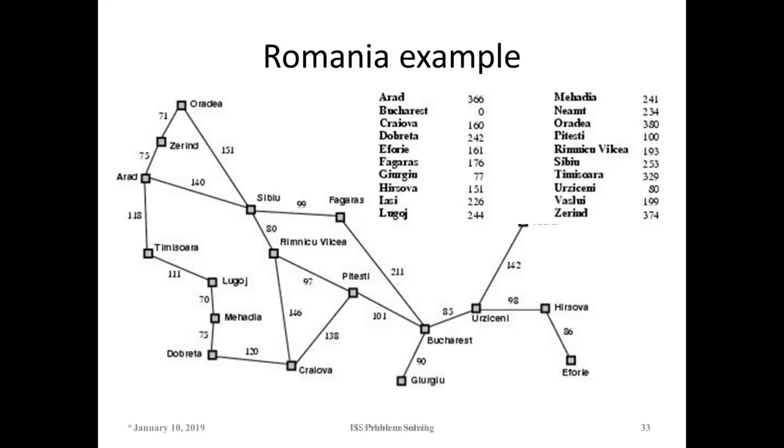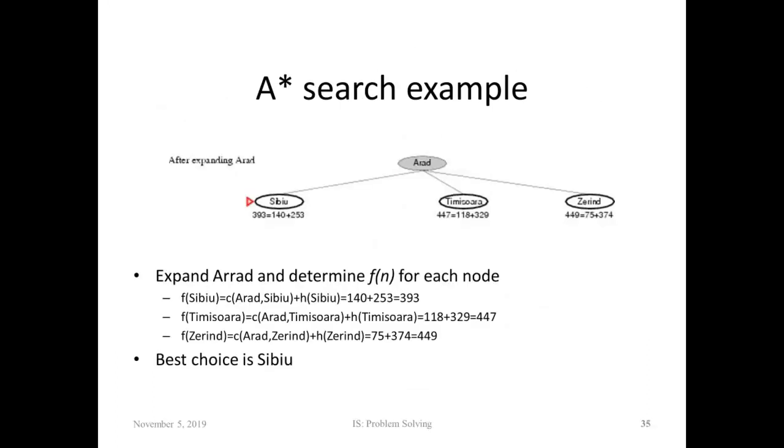And then we have to look up the value 329 from our straight line distance from the H table. So these are the H values, and these are the G values. And then together, this gives me this value for Timisoara here. So then basically, we now have for Sibiu a value of 393, for Timisoara 447, and for Zerind 449.